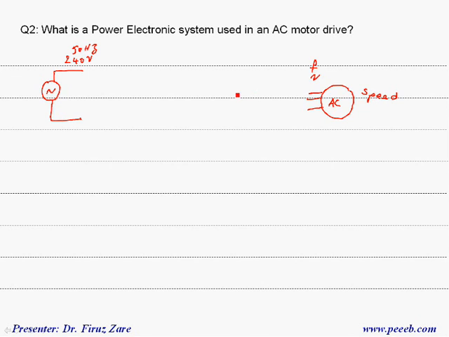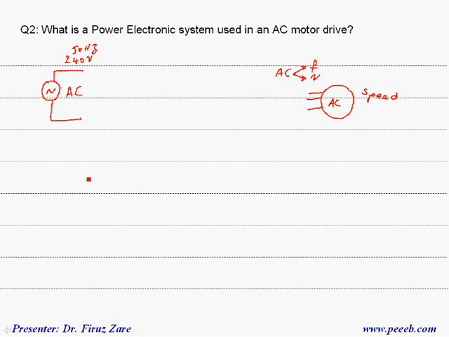So in this case, we need to convert the AC from this supply into another AC with variable frequency and variable voltage. The point is what sort of power electronic system we need to design and use for this application.